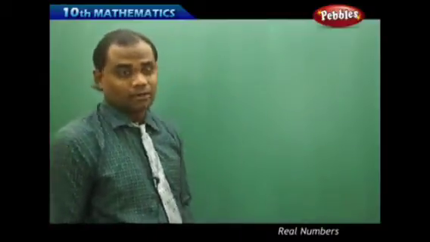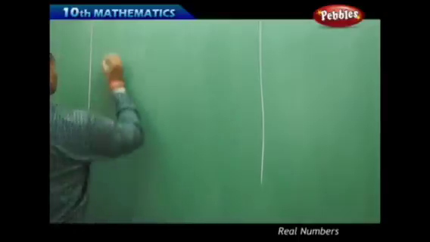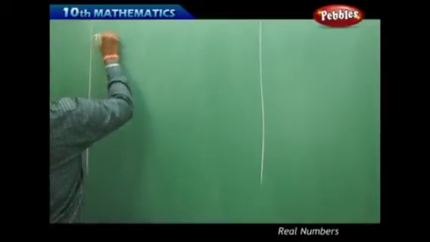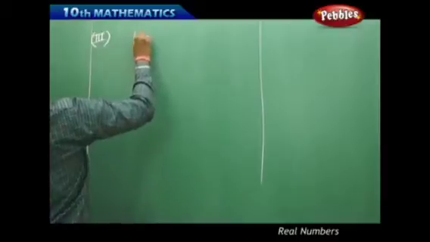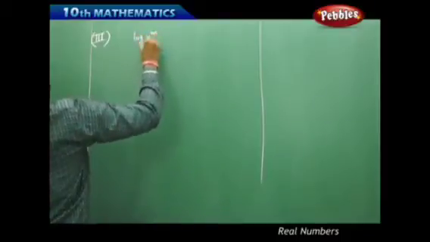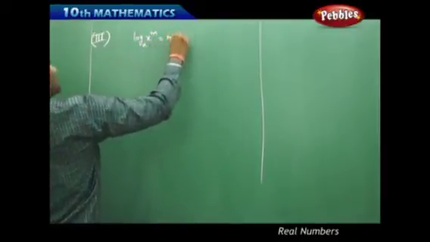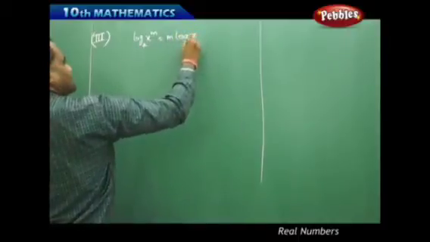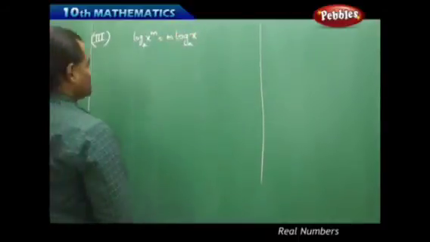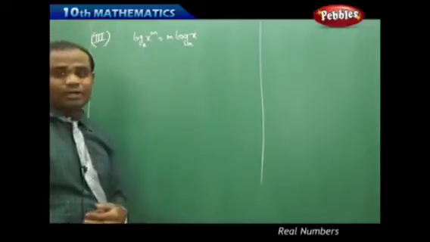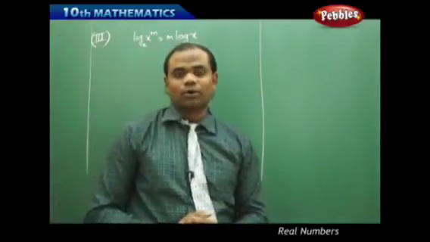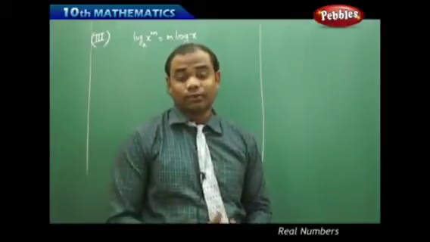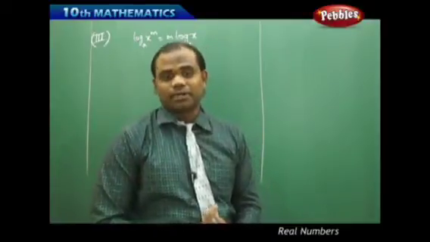Now let's see the third law of logarithms. The third law says that log x power m to the base a is m log x to the base a. So the power inside the log comes out as the multiplier when it comes out of the logarithm, is what we're going to prove as the third law of logarithms using the exponents.